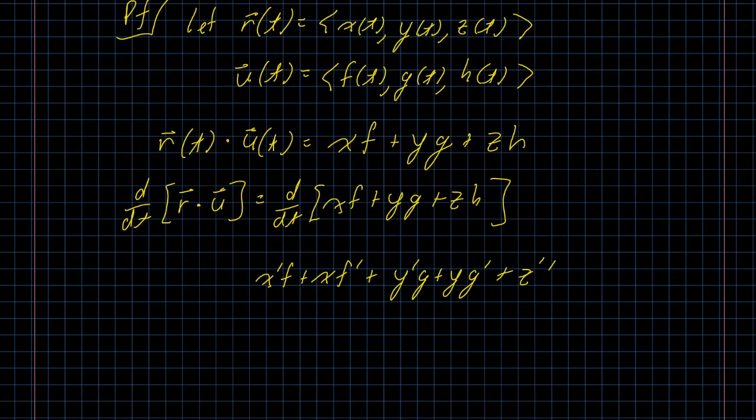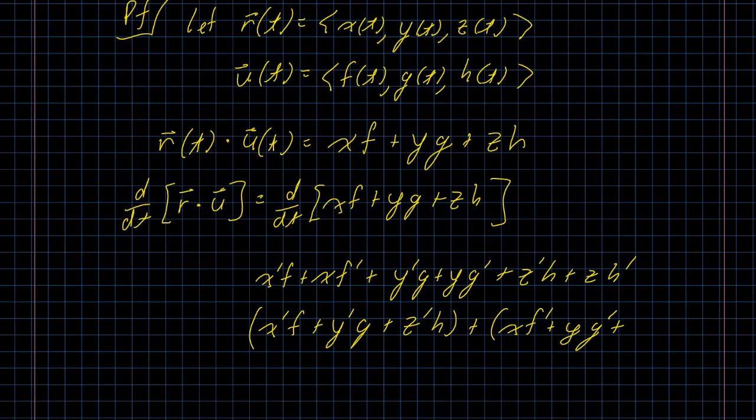I will have z prime h plus z h prime. Nothing too crazy going on here. I can regroup this stuff to have x prime f plus y prime g plus z prime h together, and then x f prime, y g prime, and z h prime together.